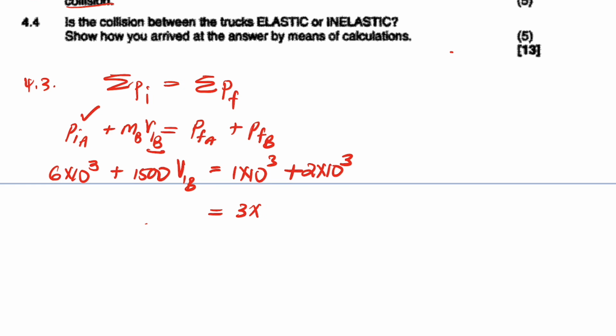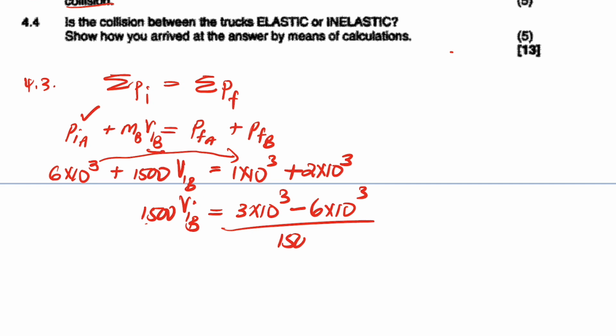This is 3 times 10 to the power 3, and then we'll take this to this side, so it's going to be minus 6 times 10 to the power 3, and here we have 1,500 times the initial velocity of track B. Then we divide by 1,500 both sides, and we are left with that.